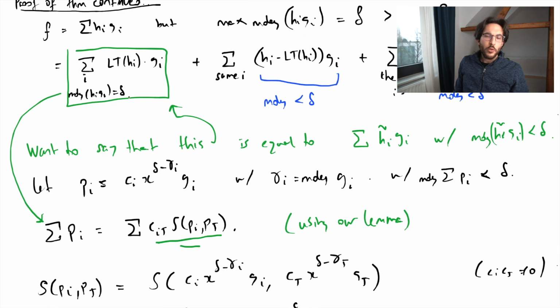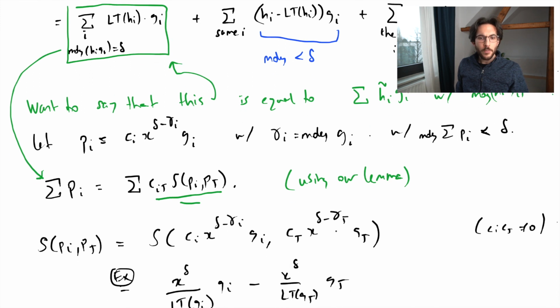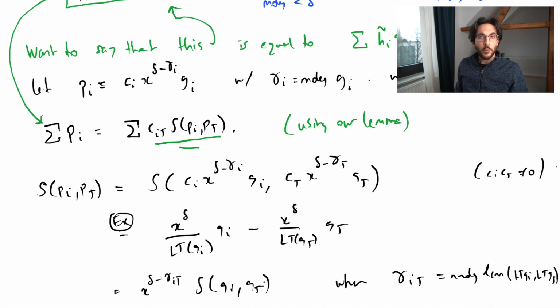Our goal was to write this expression as a sum of g_i's so that each term has multidegree strictly less than delta. And I said, well, let's call each of these terms p_i's, write it in terms of the S-polynomials as a k-linear combination using our previous lemma. And then I computed the S-polynomials and related it to the S-polynomial of g_i, g_j's up to a multiple of x.